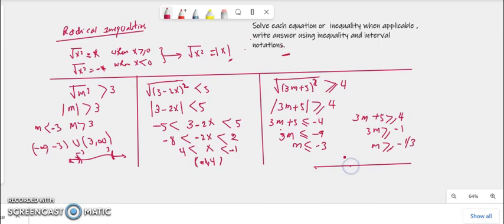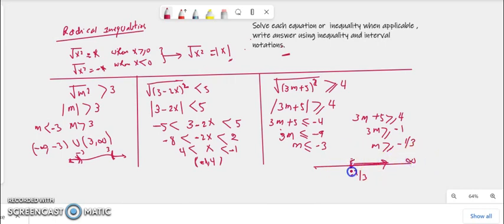So this is minus 1/3, and that's infinity.